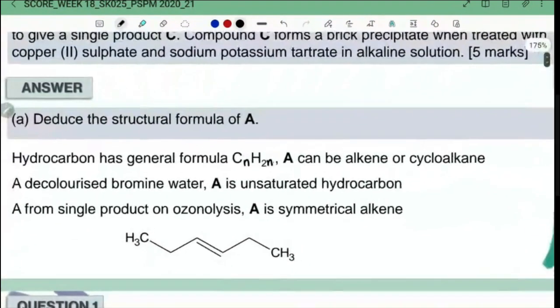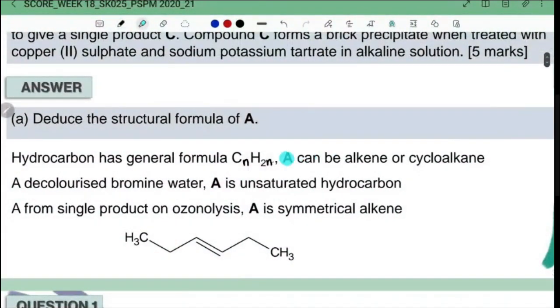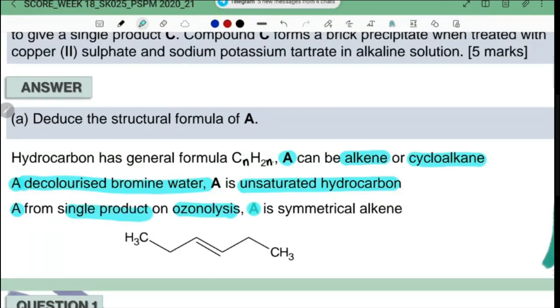So A can be alkene or cycloalkane. So A decolorizes bromine water. Alright, and then A is unsaturated hydrocarbon ataupun dia ada contain carbon-carbon double bond, the multiple bond. A forms a single product on ozonolysis means that A adalah symmetrical alkene. So unsaturated hydrocarbon ni adalah alkene lah.